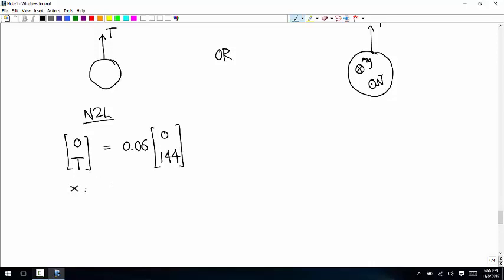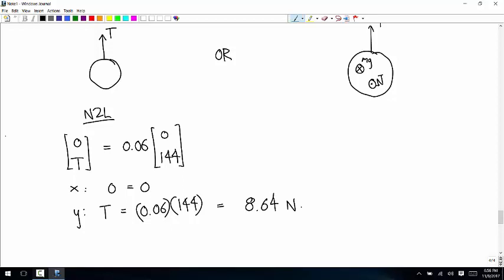And the x equation then says 0 equals 0. The y equation says T is equal to 0.06 times 144. And that comes out to 8.64 newtons.